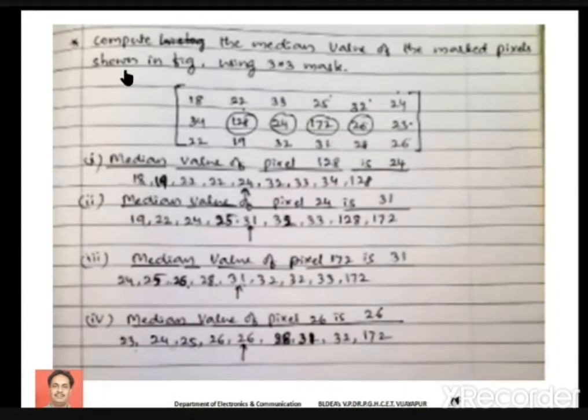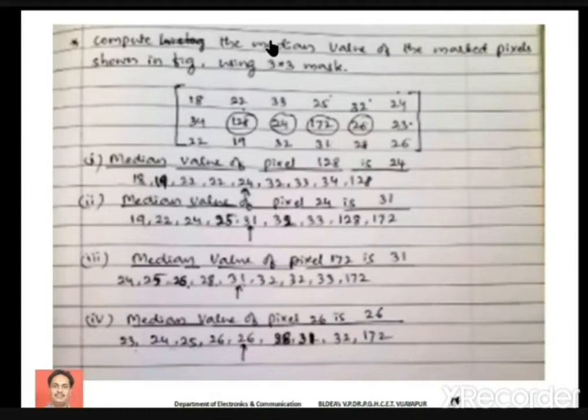The question is like this: compute the median value of the marked pixels shown in the figure using a 3x3 mask. Assume that this is some image, a matrix, and these are the gray level intensity values of the input image. It is a 3x6 image, 3 rows and 6 columns.